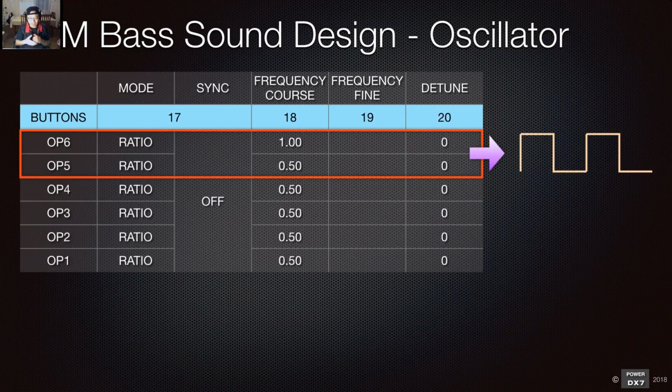It doesn't matter if the ratio is 1.00 and the modulator operator is 2.00, it still makes a square wave. Yeah, simple square wave. That's right.